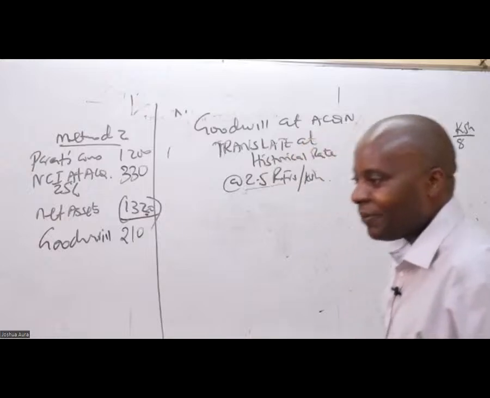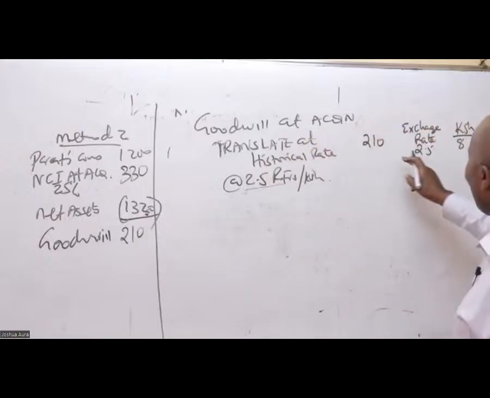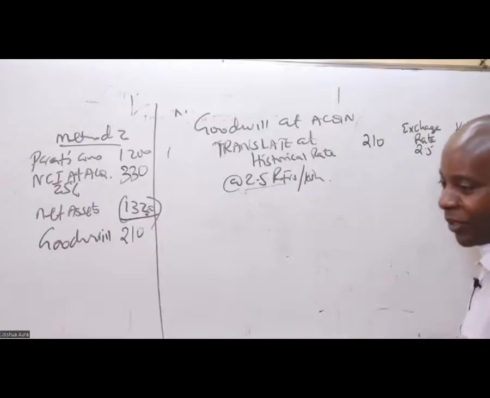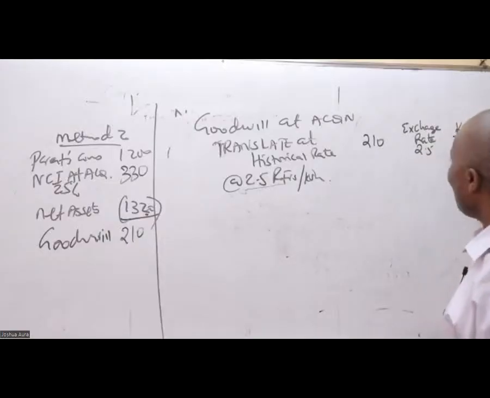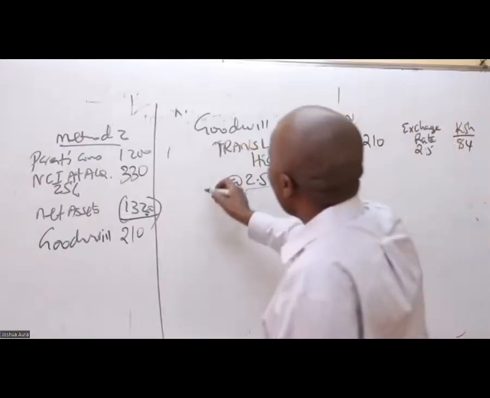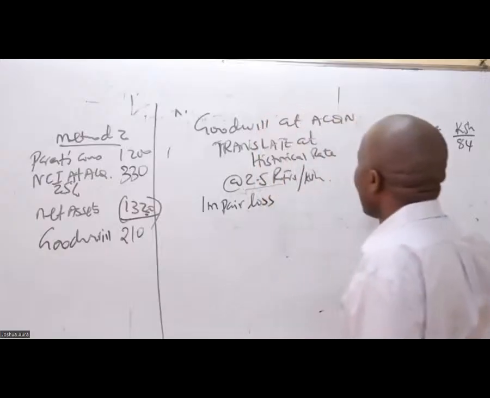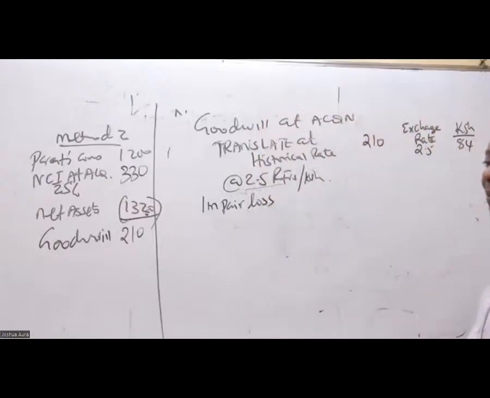First remind me, you said 210 divided by 2.5 comes to how much? It comes to 84. Thank you very much. Then you say there is an impairment loss. So how much is the impairment loss from the note? Impairment loss from the note is 42.